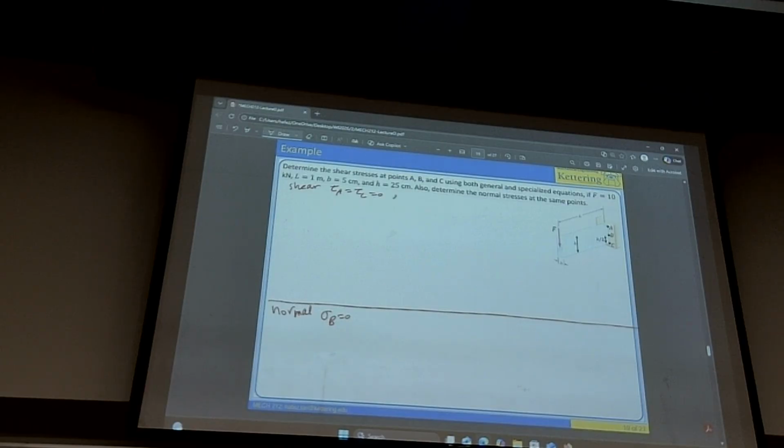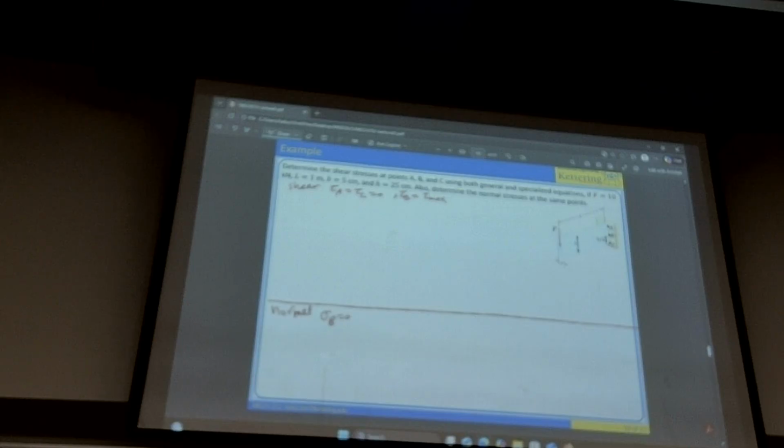B. And at which point is sigma maximum? A and C. Which one is positive and which one is negative in this case? A would be positive, C would be negative. Very good.